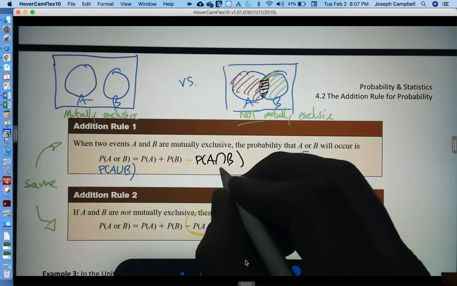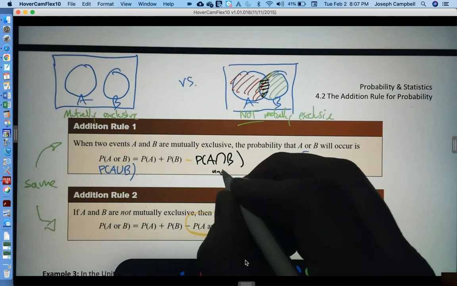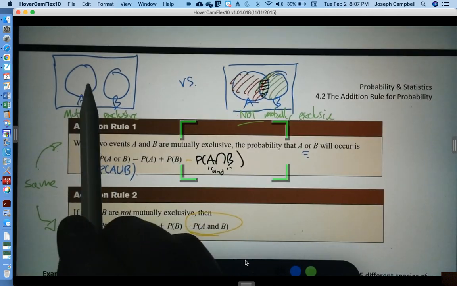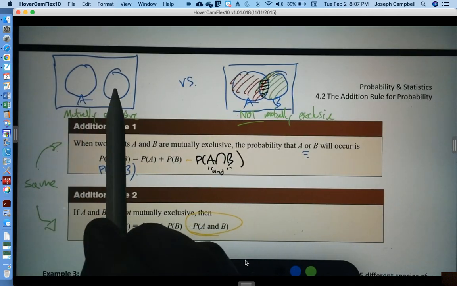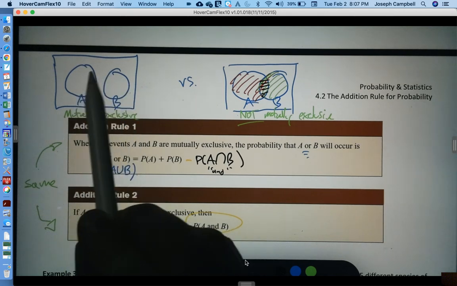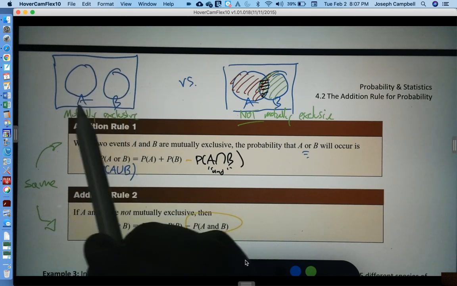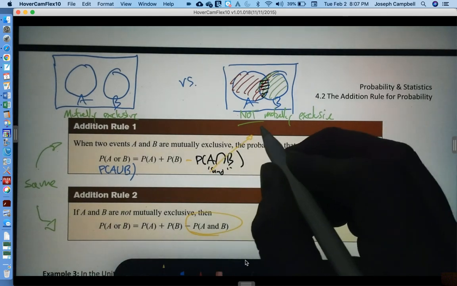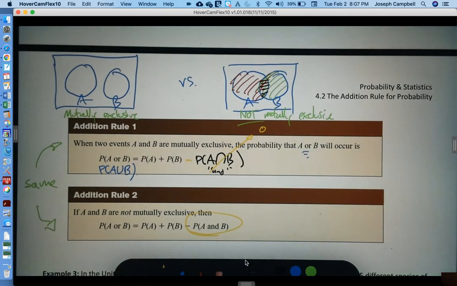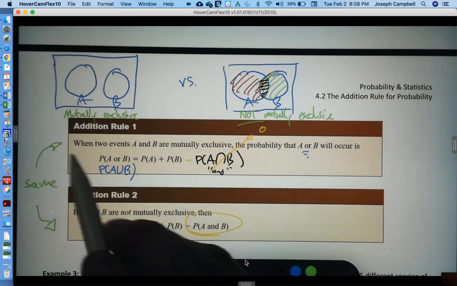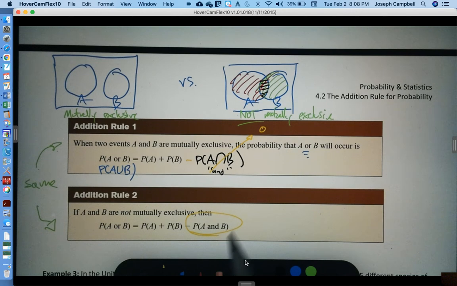Notice that I could very well have included this here. Remember that this symbol here means and. But if I'm dealing with mutually exclusive events, what is the probability of that intersection? Well, there is no intersection. That's why this goes to 0. So there's no sense in including it, because this is always going to be 0. There's no need to memorize both. Just use this one.